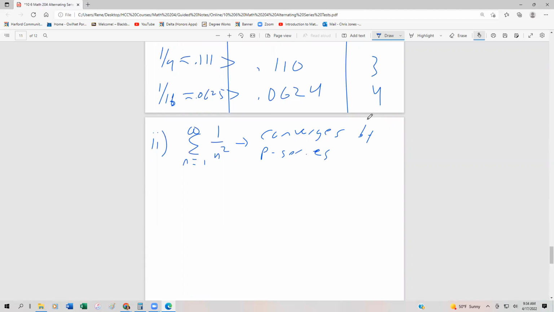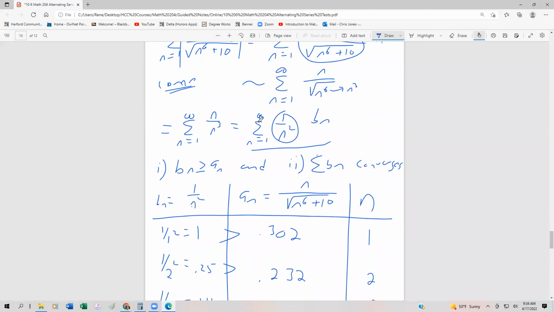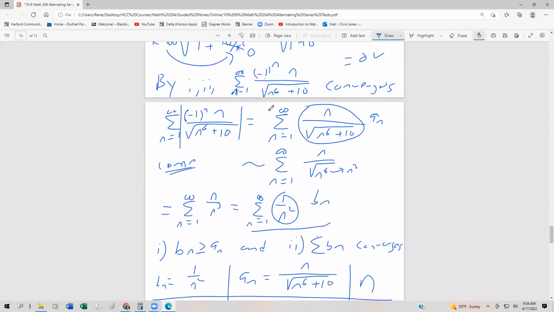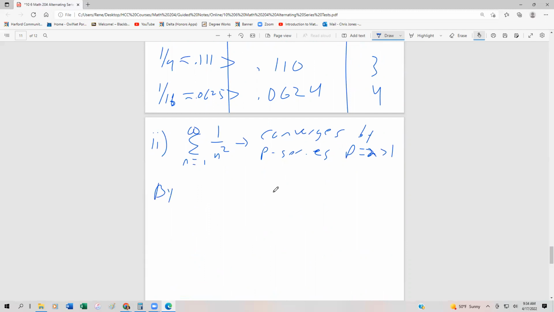So this converges by p-series with p equal 2, which is greater than 1. All right, so what this means is two things. First of all, it means that this series converges. Okay, so by I and I, we know that the series n equals 1 to infinity of n over the square root of n to the 6 plus 10 converges.